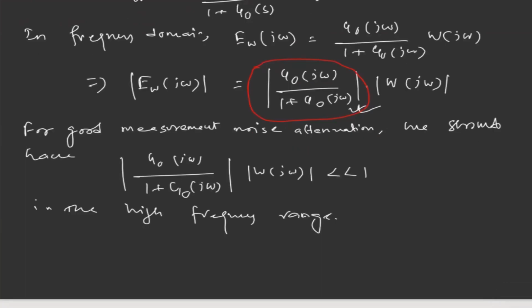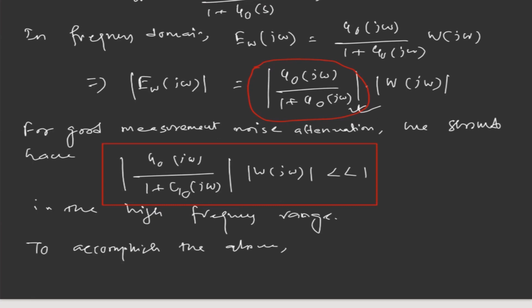To accomplish this condition, we should have G naught(j omega) very, very low in magnitude at the high frequency range.